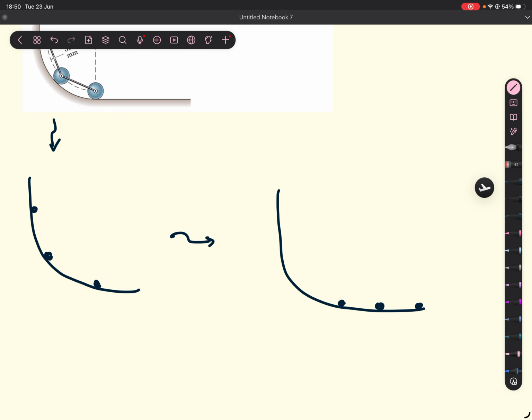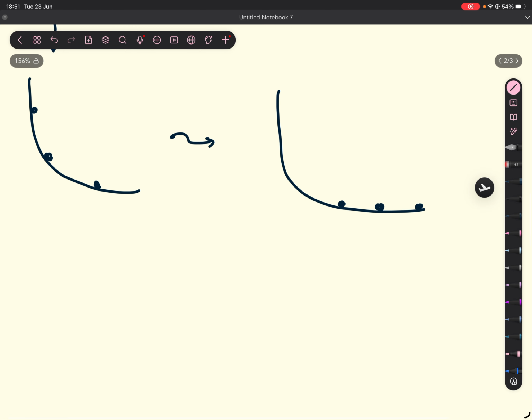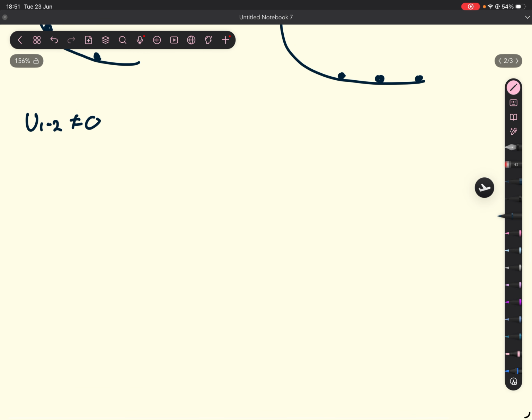And then we're asked to calculate the energy loss due to friction. So we know that U12 in this case isn't going to be equal to 0 because there's some work done by that friction. There's some energy that's removed by that friction. But we can still calculate it as long as we have all the other terms in our equation.